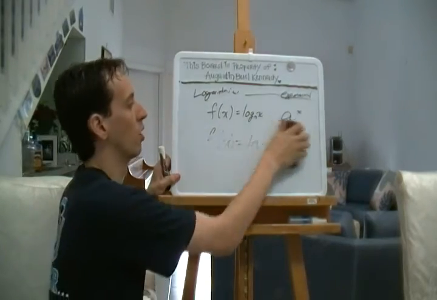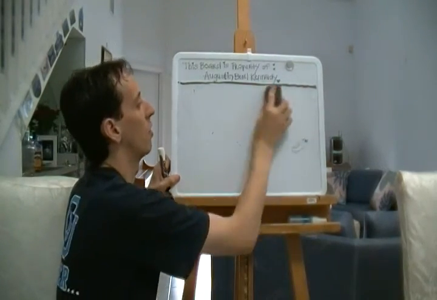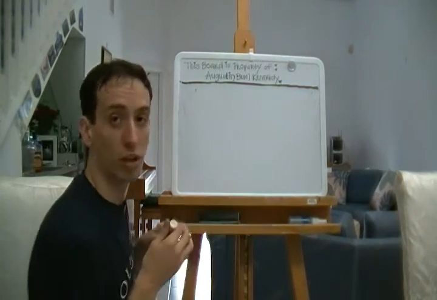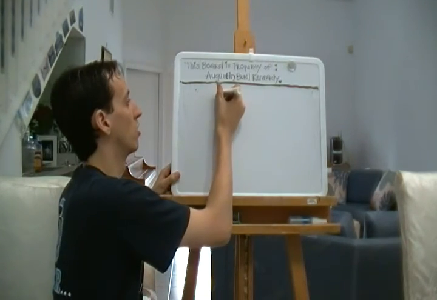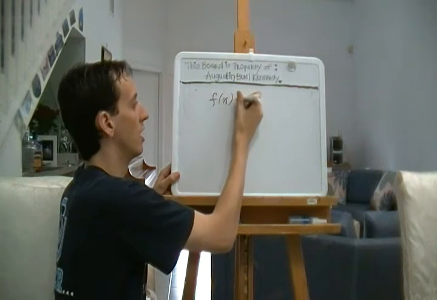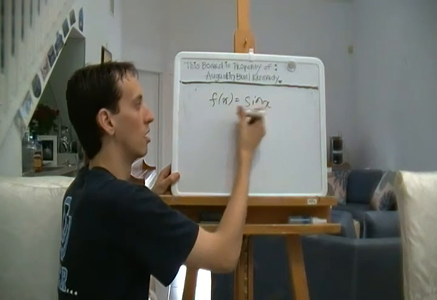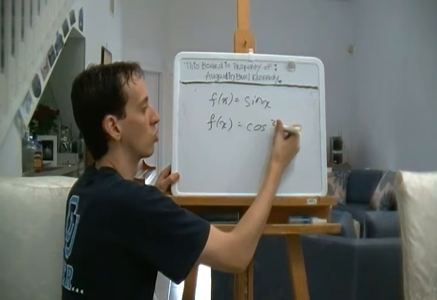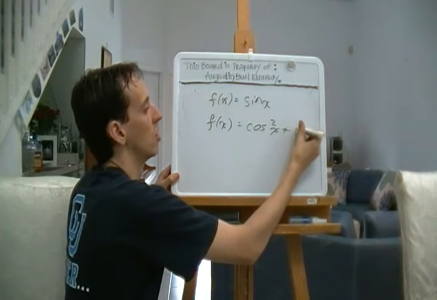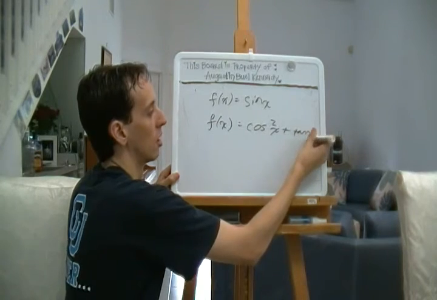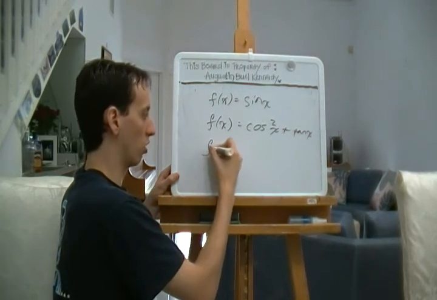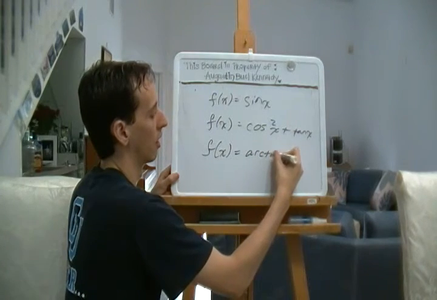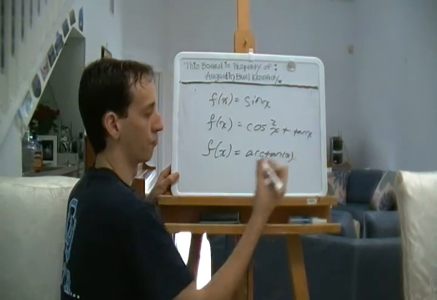I forgot a very important type, and it's a type of function that we are going to look at quite a lot, and those are trigonometric functions. That's functions like f of x equals sine x, f of x equals cosine squared x plus tan x, and eventually we're going to start looking at things like f of x equals arctan x.